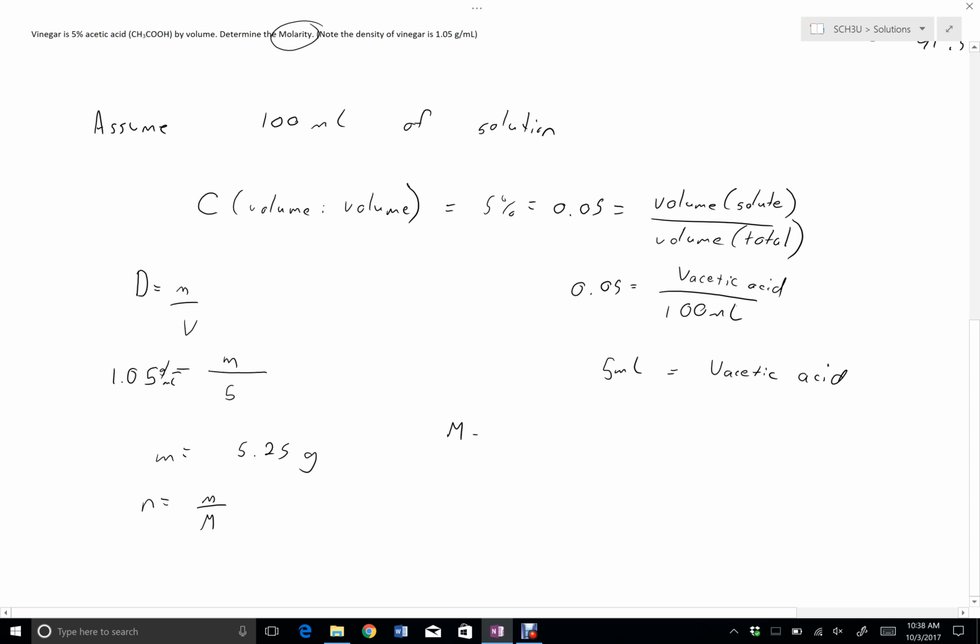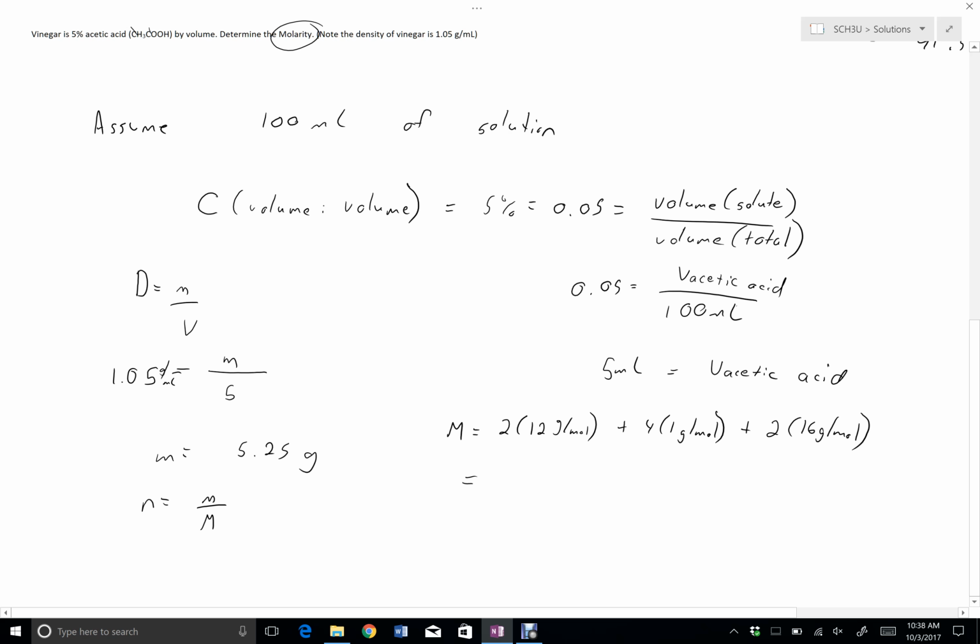Now my molar mass here is C2H4O2, so I've got 2 carbons, 2 times 12 grams per mole for those carbons, 1, 2, 3, 4 hydrogens, and then 2 oxygens. So that's the molar mass.